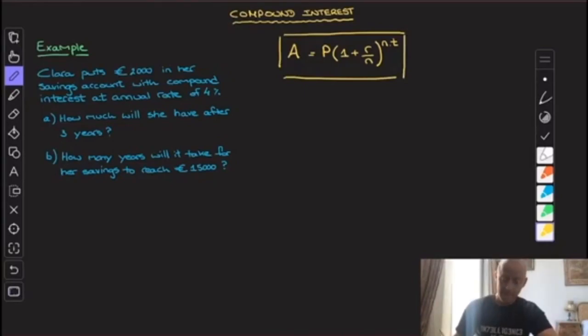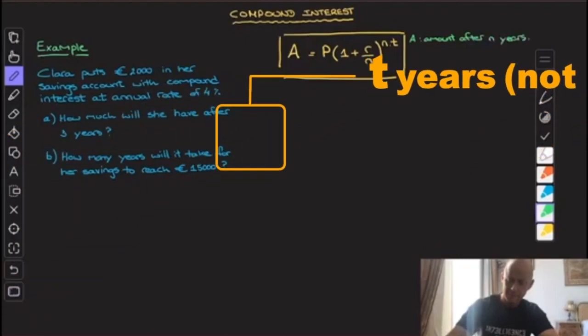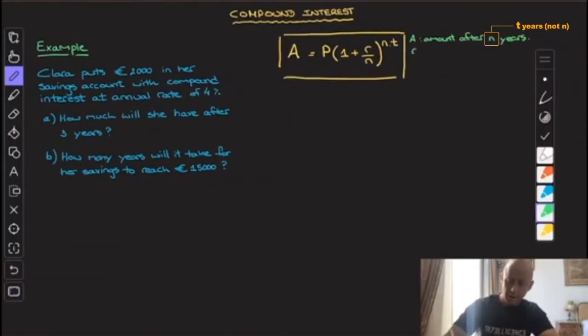Okay. Now, let's be clear. I'll write what each of these is in green on the side here. A is the amount we have, or I'll just say amount after N years. Okay. R is the interest, or I'll just say it's the rate, which is why we chose the letter R, expressed as a decimal.